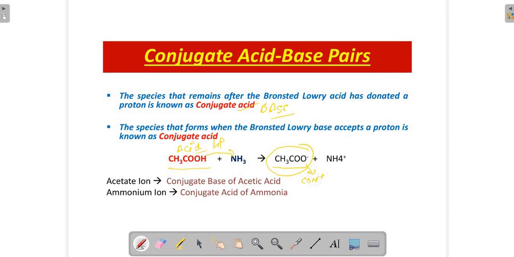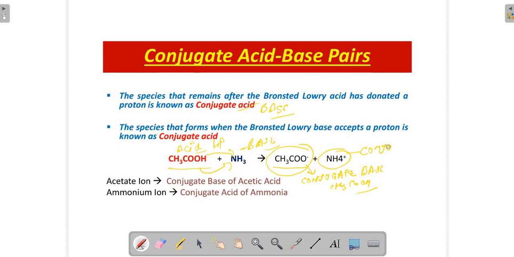And whose conjugate base will it be? This will be the conjugate base of acetic acid, CH3COOH. In the same way, NH3 accepted the proton and formed the conjugate acid. As written here, the species that forms when the Bronsted-Lowry base, this being an example of a Bronsted-Lowry base, accepts the proton from CH3COOH is a new species, the conjugate acid.